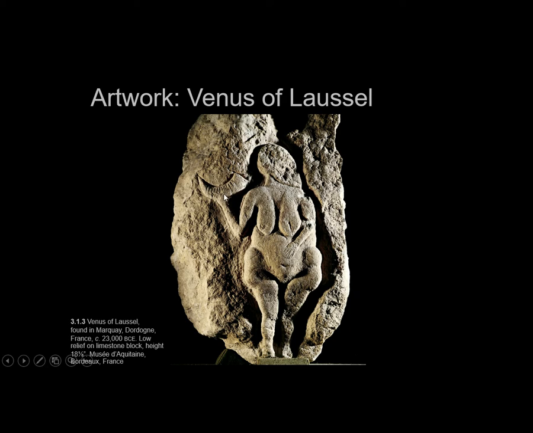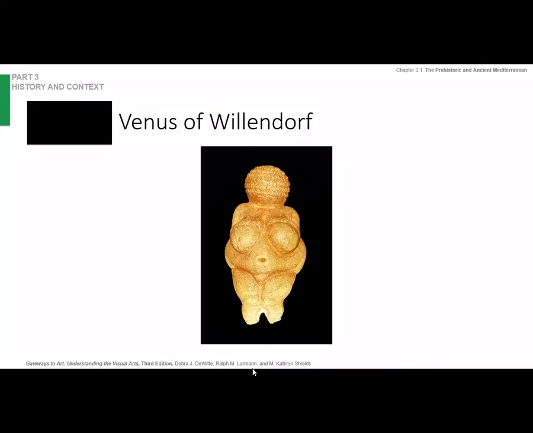She is holding a horn that has 13 markings on it. One guess that the book gives you, your textbook says, is that the 13 marks are for her menstrual cycle, emphasizing her fertility or her ability to have children and ensure the tribe will continue. That is one very educated guess, especially when you put it together with many other figures found. These are just two of many, many found.